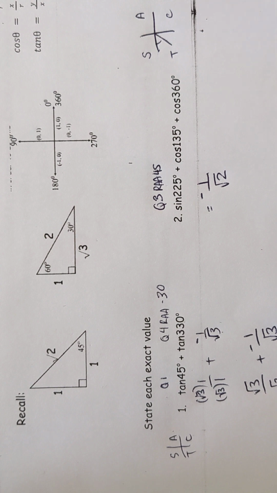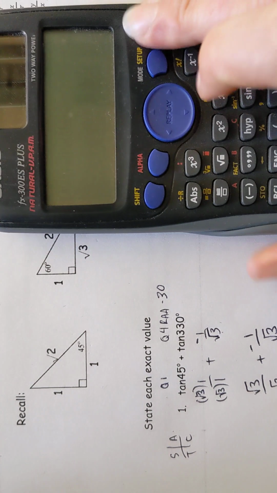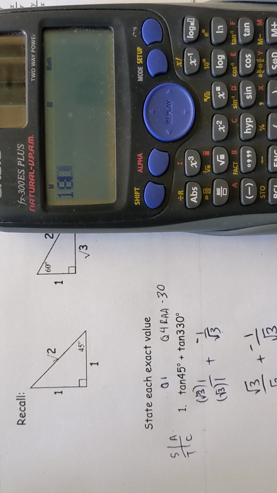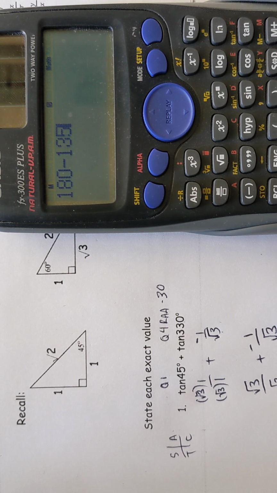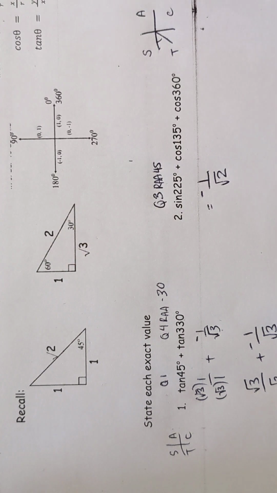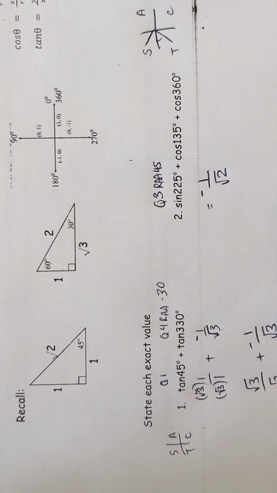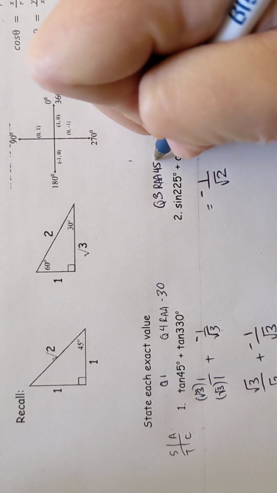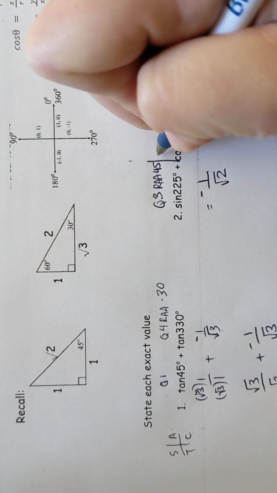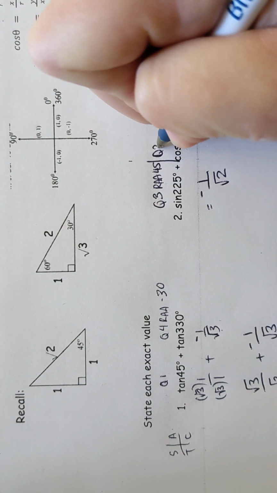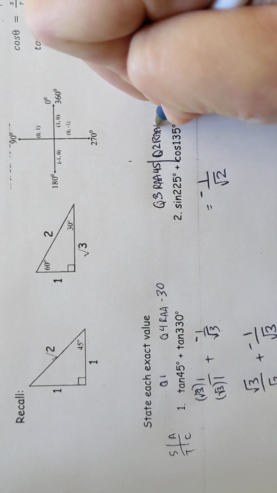All right, next I've got cos of 135. Well, 135 is less than 180, so I'm just going to make sure that cos of 135, that's actually this guy right here. Okay, so that's also a 45 degree. So this is in quadrant 2. My RAA is 45.